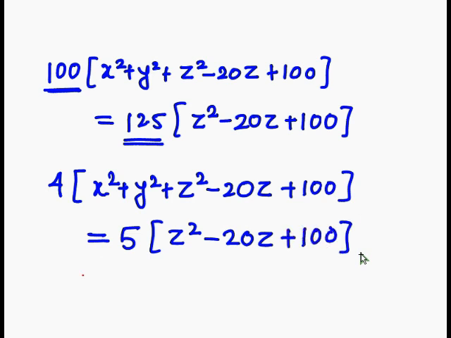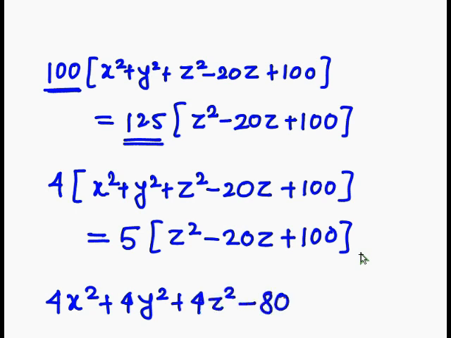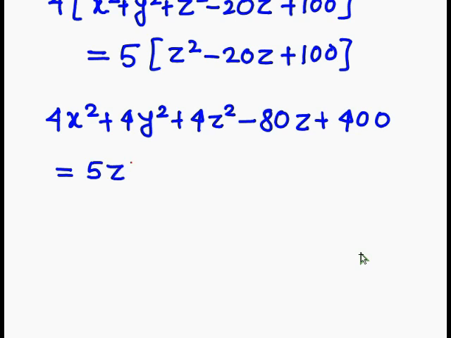So by multiplication we get 4x² + 4y² + 4z² − 80z + 400 is equal to 5z² − 100z + 500.